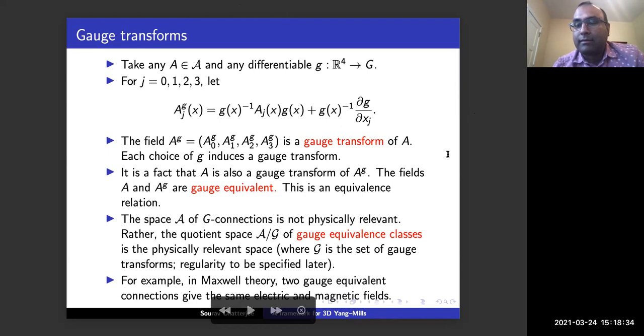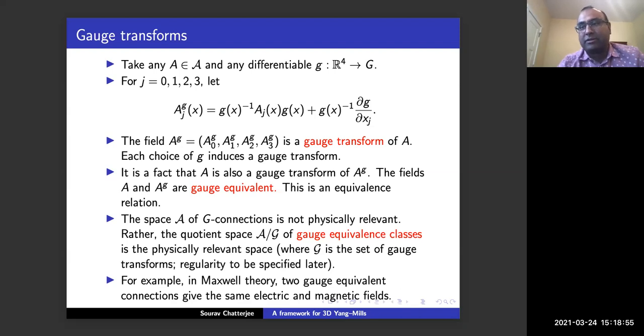Is there a description of the quotient space? This is as much as you have. You say that these are the gauge transforms. That's a description, but it's not giving coordinates. No, it's not, and there are all kinds of issues. There are some theorems.